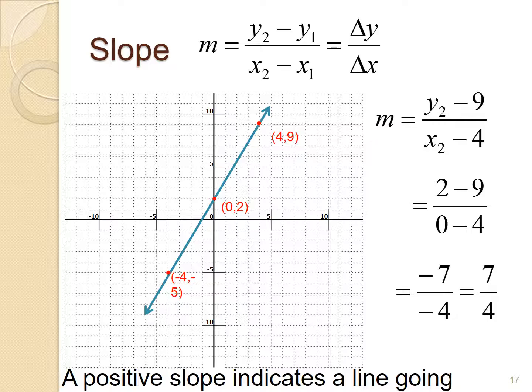Going back to the change in y, the delta y, the change in x, or let's start with the change in y. Well, the y value here was 2, and up here it was 9. So we did 2 minus 9. But we can just simply count that: it's going from 1, 2, 3, 4, 5, 6, 7. It's going from 2 to 9. That's gone up 7.